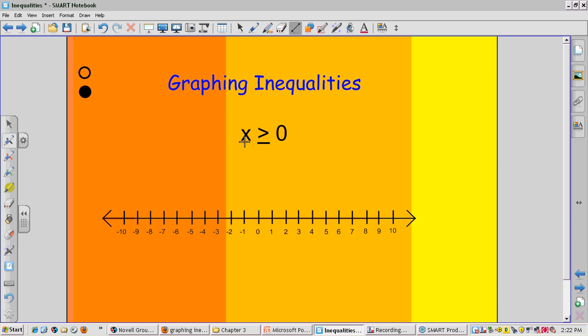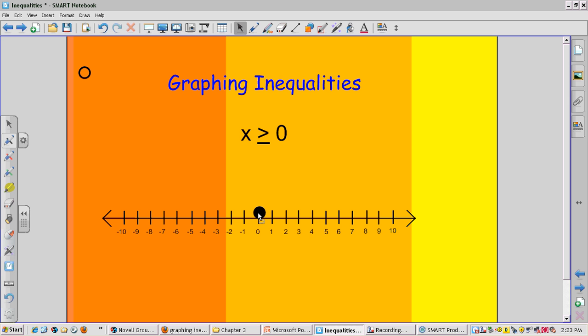Now here's one. x is greater than or equal to 0. There's a situation where we could say something is at least 0. Today's temperature is going to be at least 0. Does that mean it could be 0? Yeah, it could be exactly 0, or it could be greater than 0. So we show that by using the shaded in circle, right on the 0.